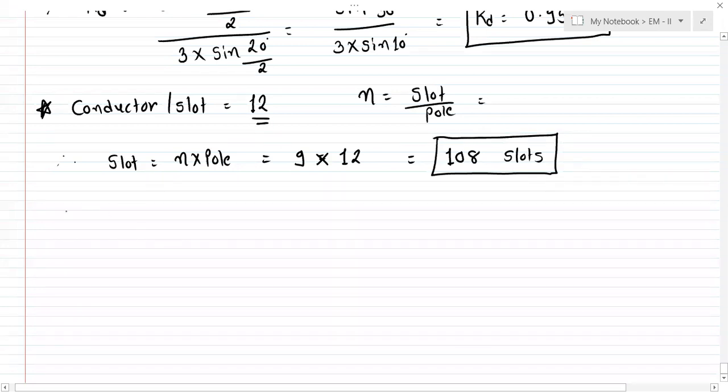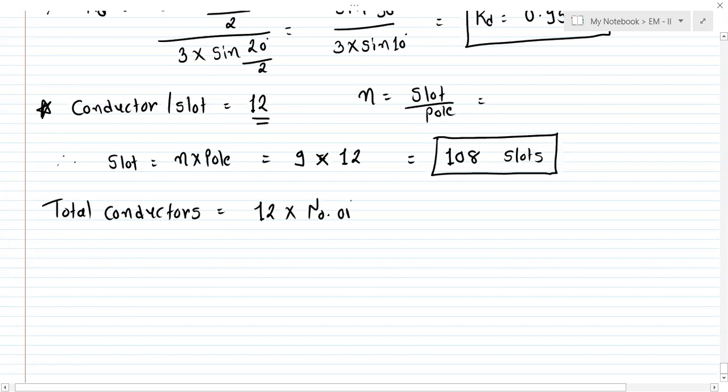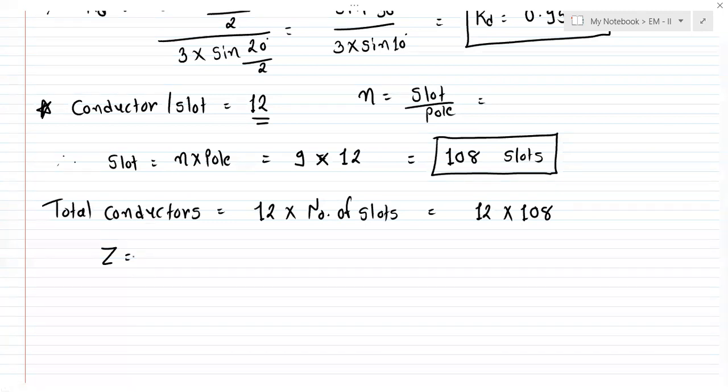And how many conductors per slot do we have? 12. So the total conductors Z is equal to 12 into the number of slots, which is 12 into 108. What's the answer?